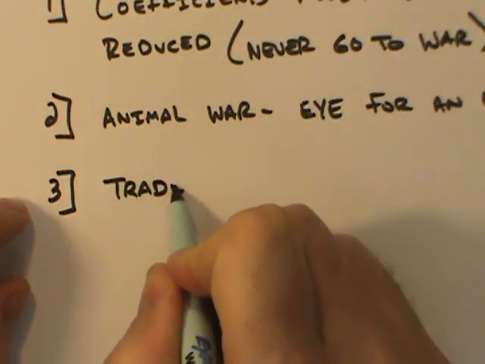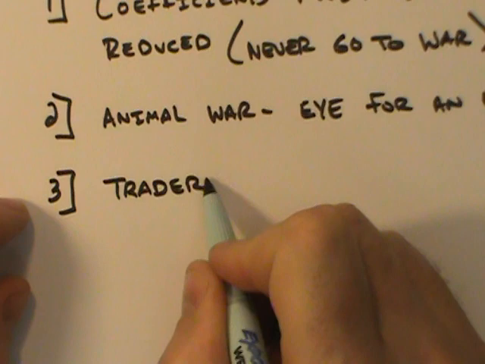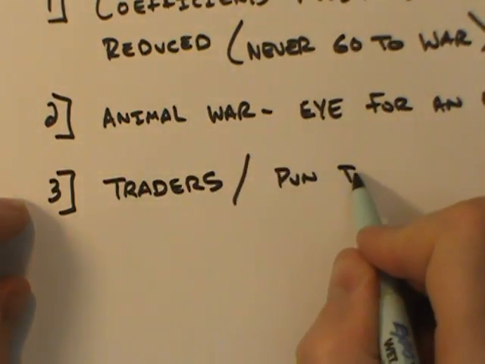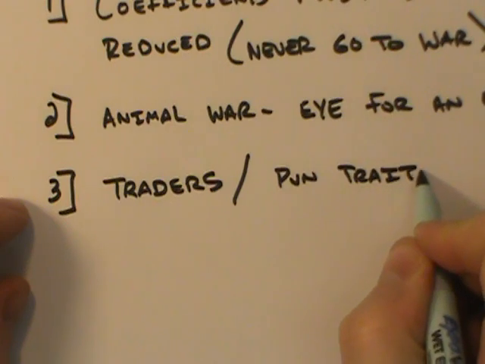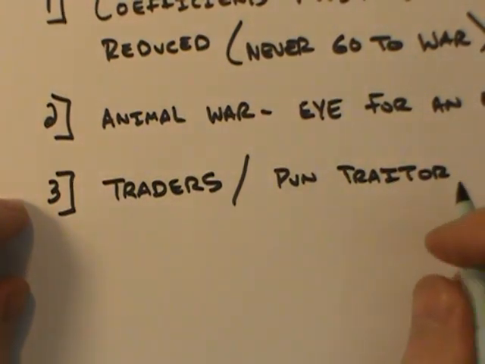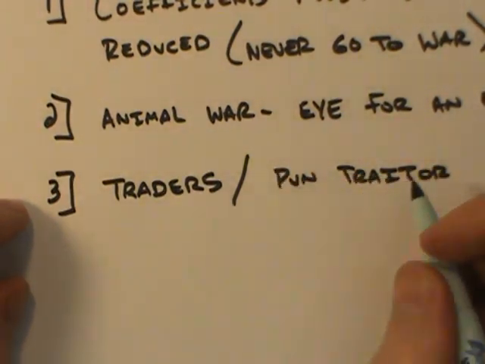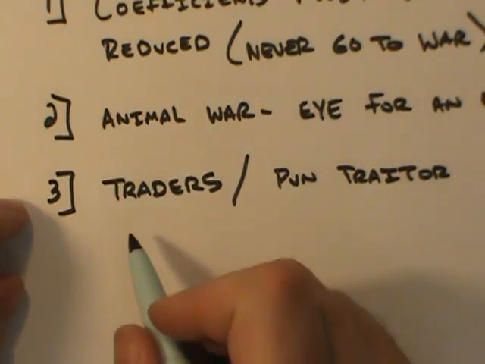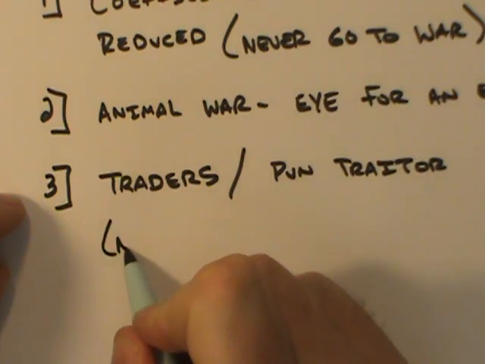Notice how I spell traitors: T-R-A-D-E-R-S. It is a pun for traitor. That is somebody who is on the wrong side or is working for the other side when you go to war. And a traitor is identified with a negative exponent.